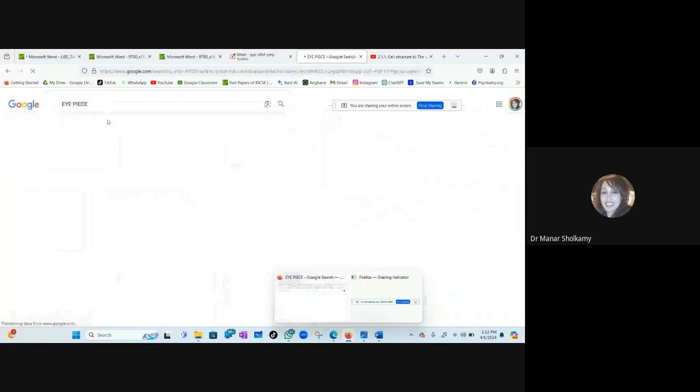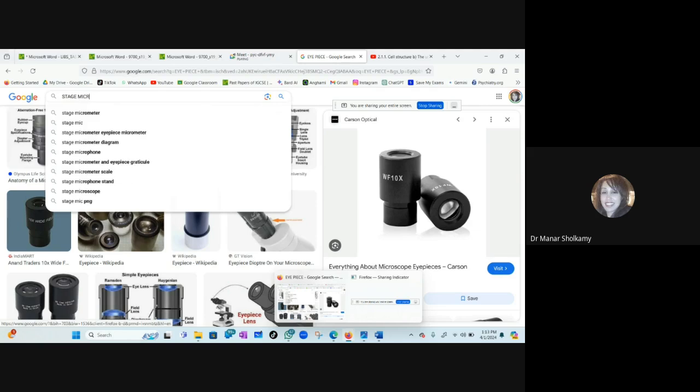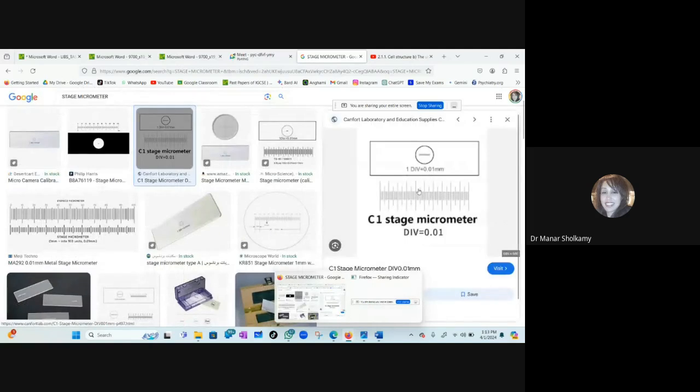I want to show you the eyepiece itself in the microscope. This is the normal eyepiece that you know in your microscope. Inside it, there is a ruler, an eyepiece graticule that has no units because it depends on the magnification that you choose. And the stage micrometer is on a slide like this. It's a slide with a ruler.